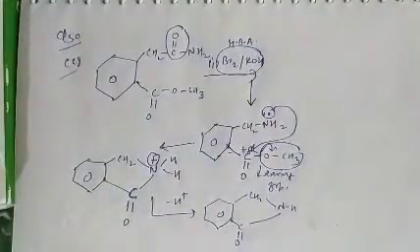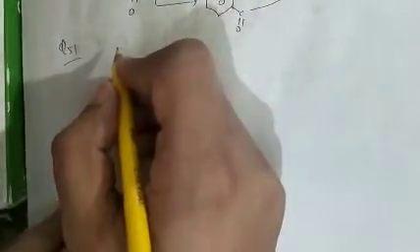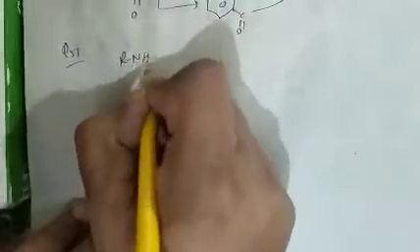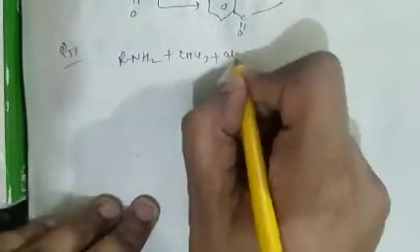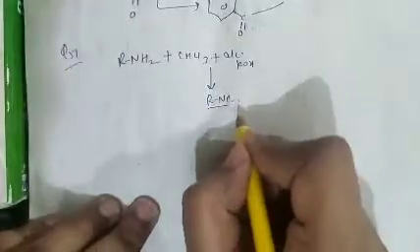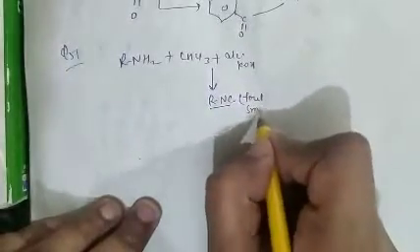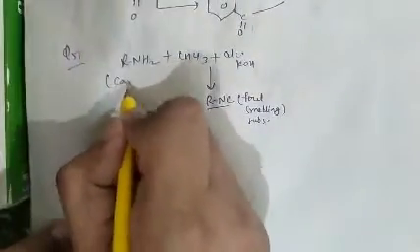See question number 51. In question number 51, what is given there? Question number 51 is basically when an aliphatic primary amine, that is RNH2, reacts with chloroform and alcoholic KOH, it forms RNC, and this substance is a foul smelling substance, and this reaction is called the carbylamine test.